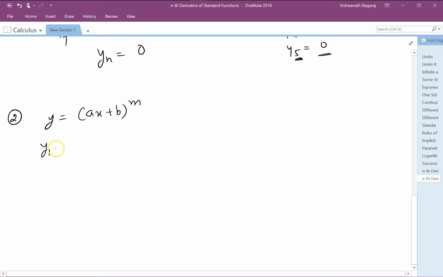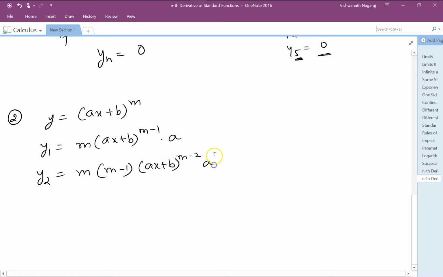Now y1 is equal to m (ax plus b)^(m-1) times a. y2 would be m into m minus 1 times (ax plus b)^(m-2) a square. y3 is equal to m times m minus 1, m minus 2, (ax plus b) to the power of m minus 3, a cube.